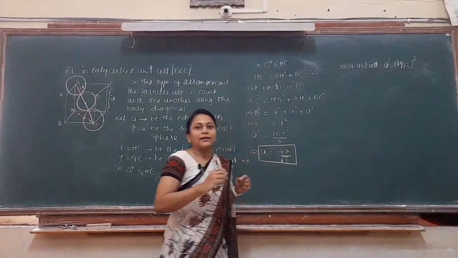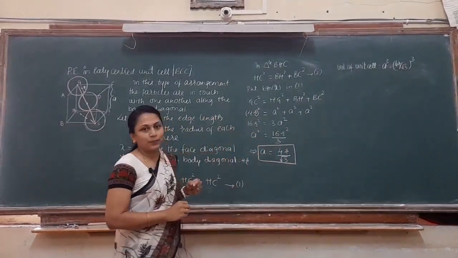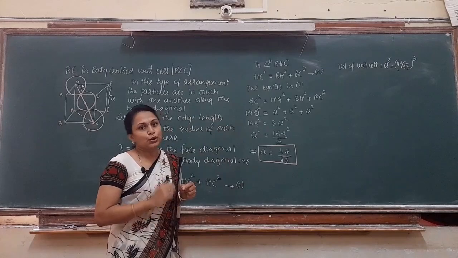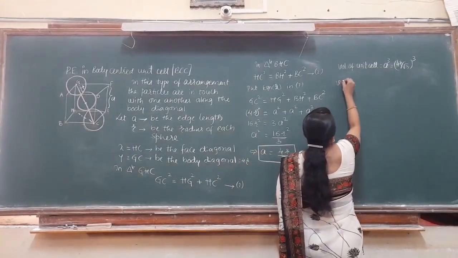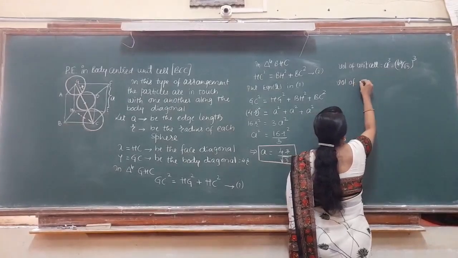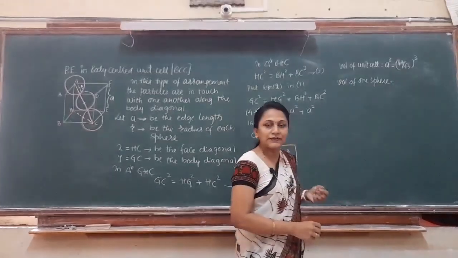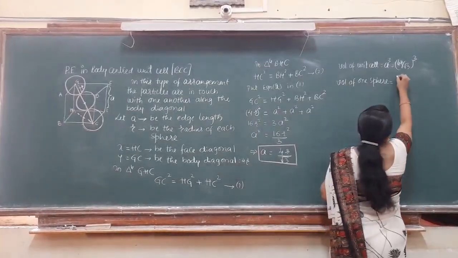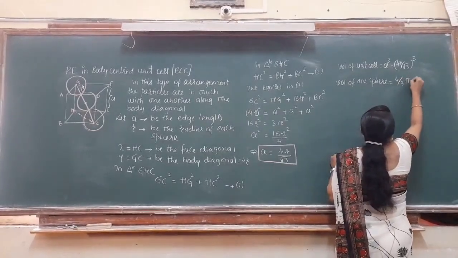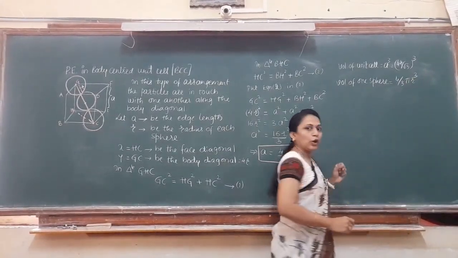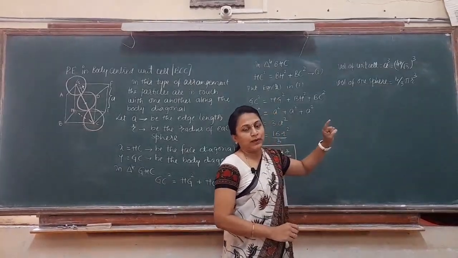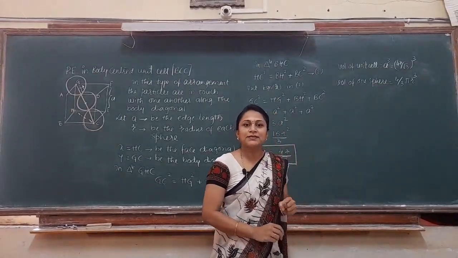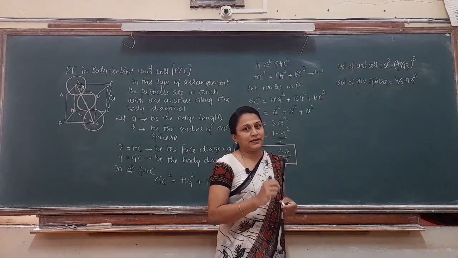And we know that in BCC, the number of particles is 2. Volume of one sphere is 4 by 3 pi r cube. And the total number of particles in BCC is 2.